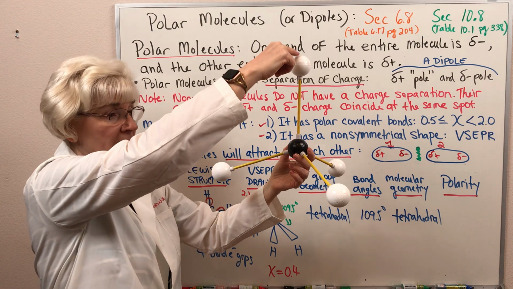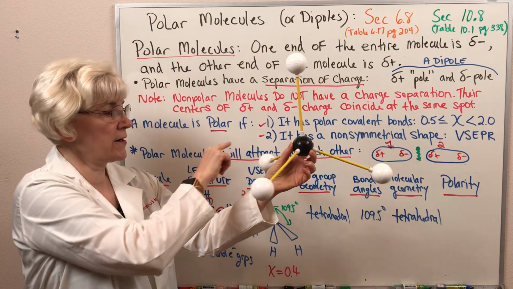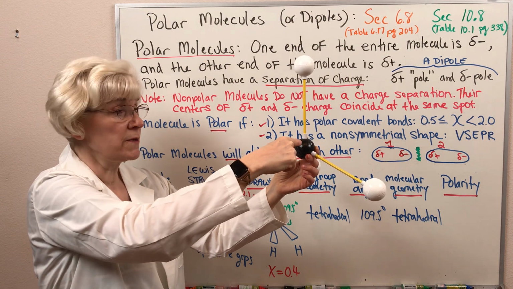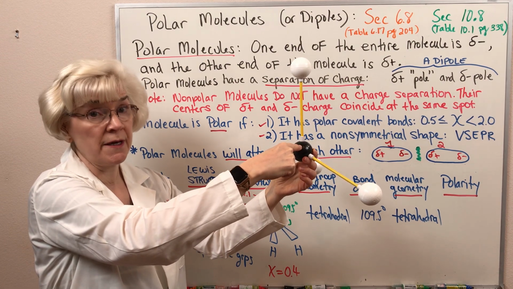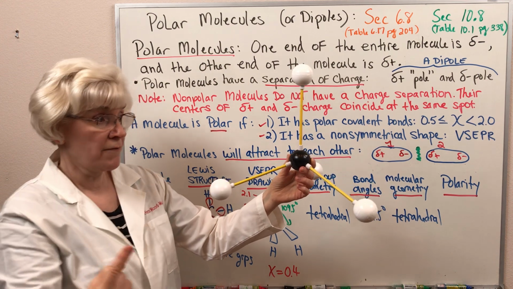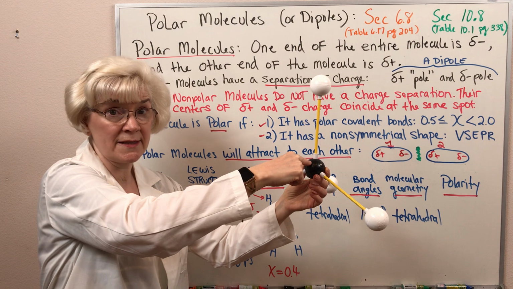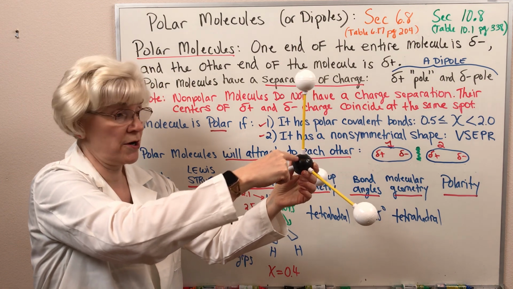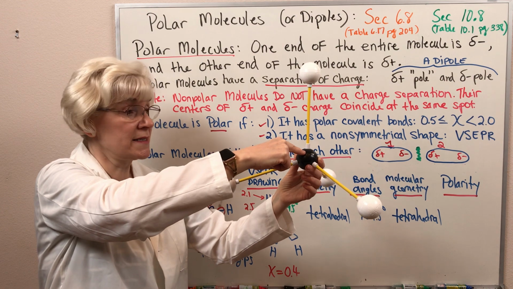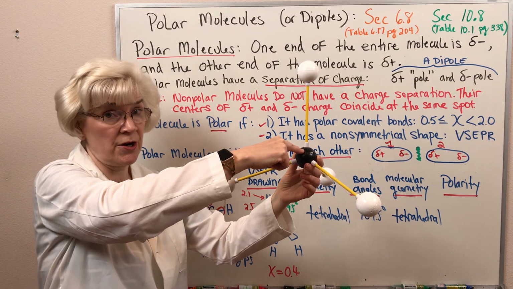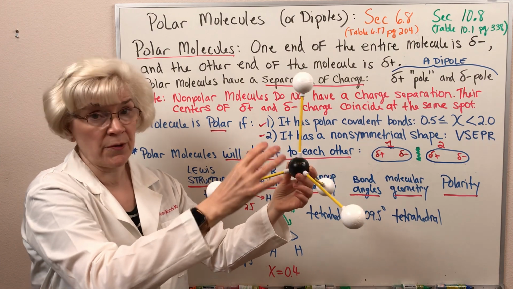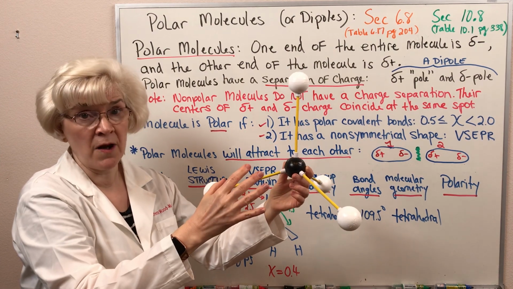If you have partial positive here and here and here and here, the center of partial positive would also have to be right on the carbon. So if I'm pointing to carbon as the center of partial negative charge, but also pointing to the carbon as the center of partial positive charge, then there is no charge separation within the methane molecule.